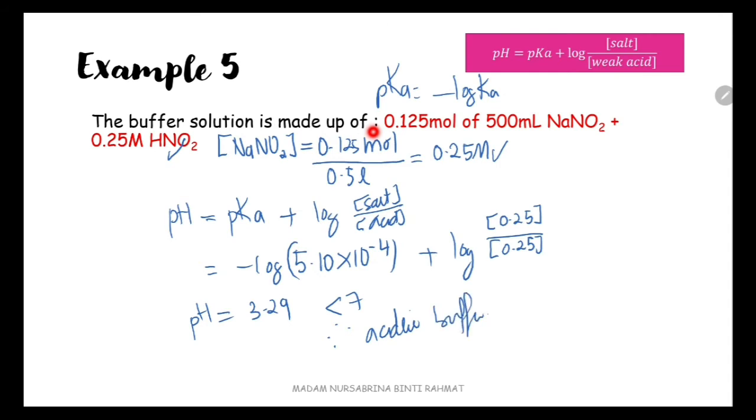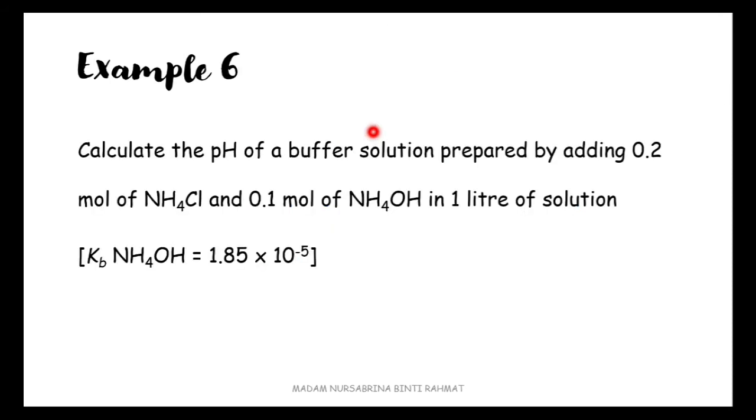Okay, so let's try a different one. You were given 0.2 moles of NH4Cl. So n of your NH4Cl, this is your salt, is 0.2 mole.